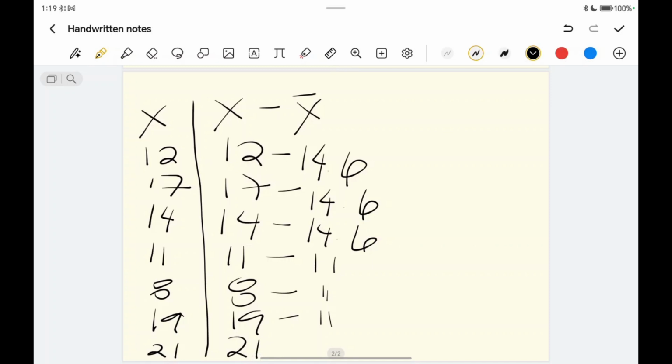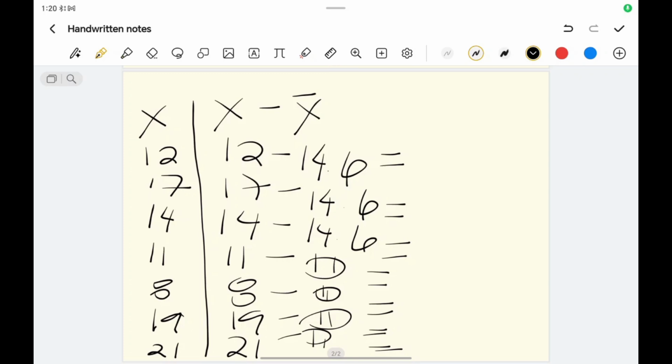Then 21 subtracted with 14.6. So as simple as that. Don't be confused with these signs. These just show that they're similar with the numbers above.